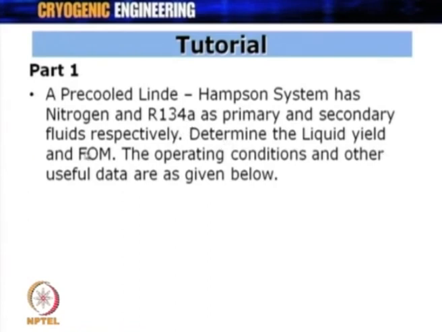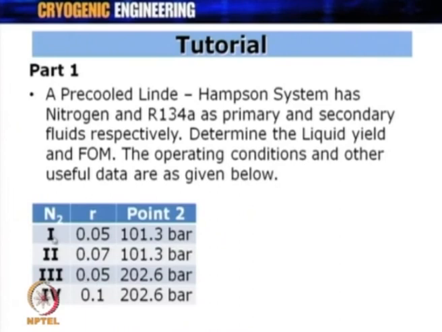Determine the liquid yield, which is Y, and the figure of merit. The operating conditions and other useful data are given below. We have 4 cases here, and this is very important to understand, where we vary the value of R, which is 0.05 and 0.07, with a compression pressure of 101.3 bar for these two cases.